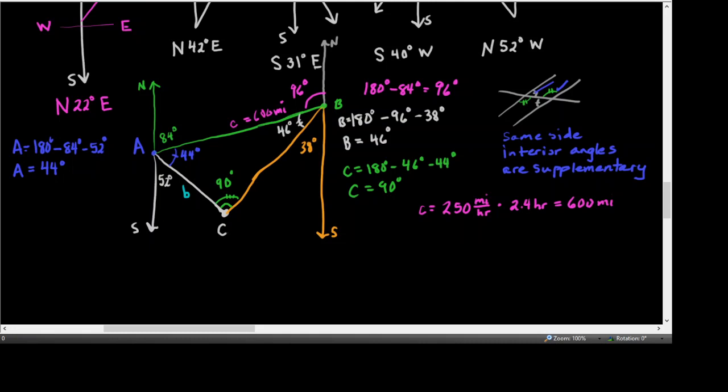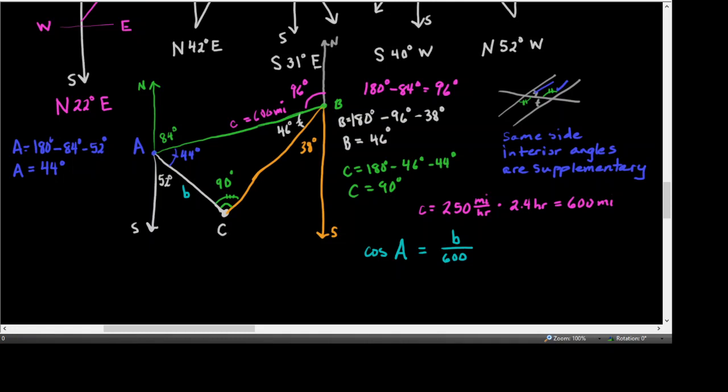Let's use A. So if we use angle A, how is angle A related to C, the hypotenuse, and B, which would be its adjacent? Well, that's cosine, right? So the cosine of angle A should be adjacent, which is unknown B, over hypotenuse, which is 600, which is a calculated value.